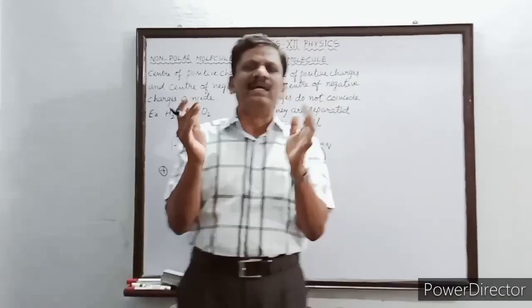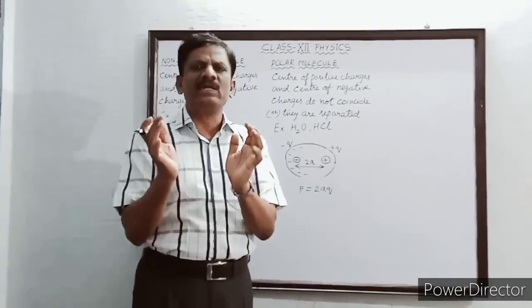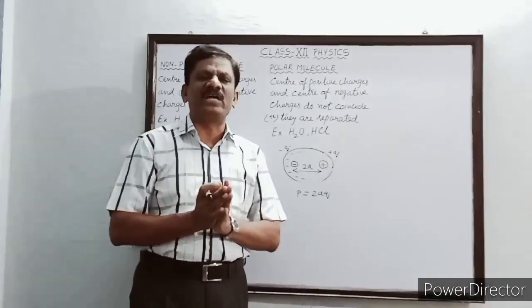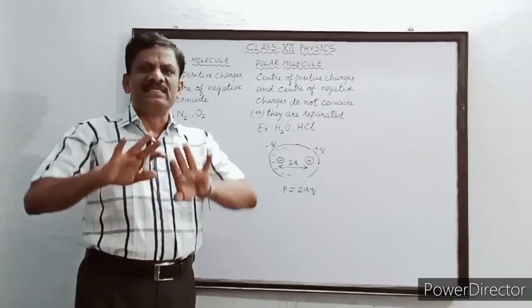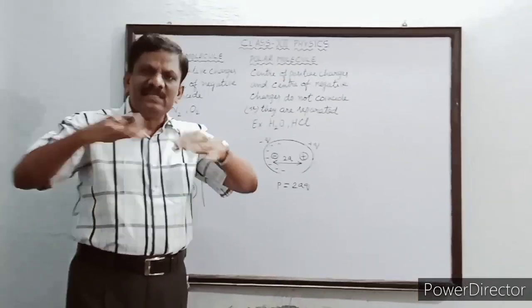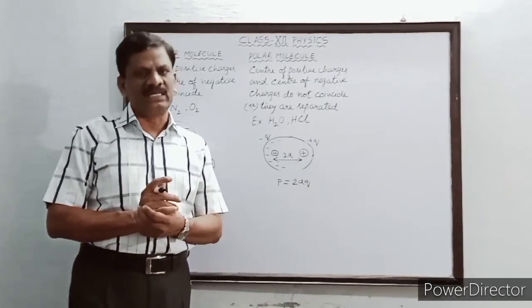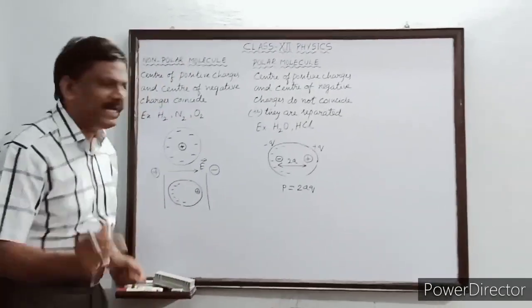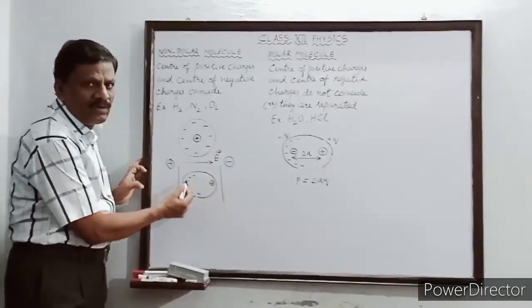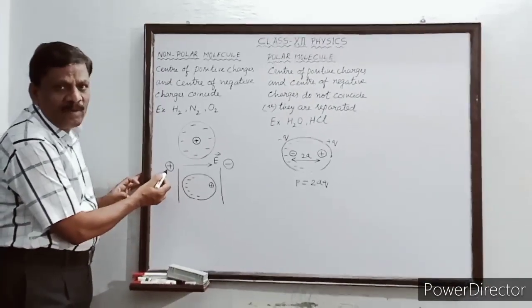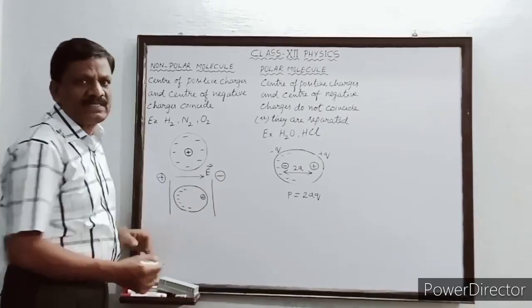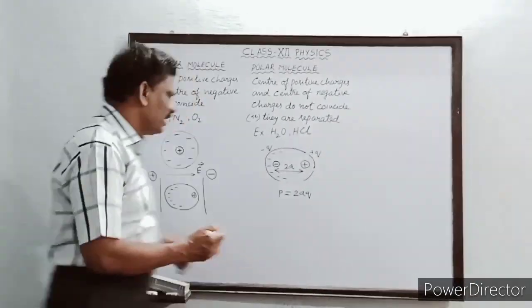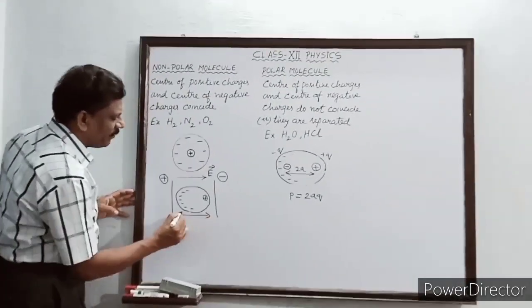So even when a non-polar molecule with a symmetrical distribution of charges is placed inside an external electric field, there is a rearrangement or a dislocation of the positive and negative charges, such that all the negative charges present inside the molecule will be attracted towards the positive pole of the electric field, and the positive charges will be attracted towards the negative pole of the electric field, so that there is a distance of separation.